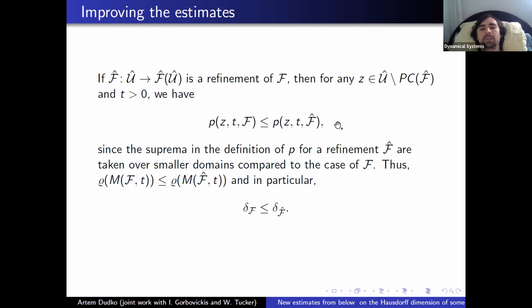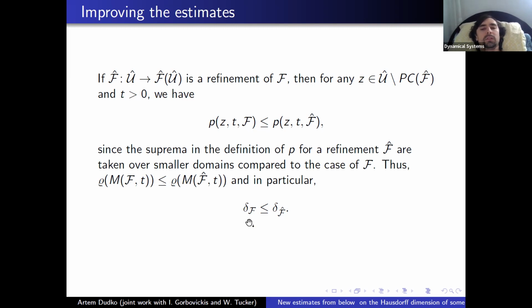For a refinement, the corresponding tree pressure satisfies this inequality. It is also not hard to see that the spectral radii of the Macmillan matrices satisfy a similar inequality: when we take a refinement, it can only increase.